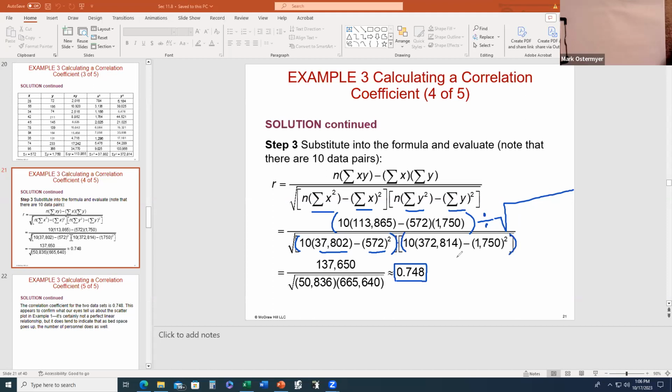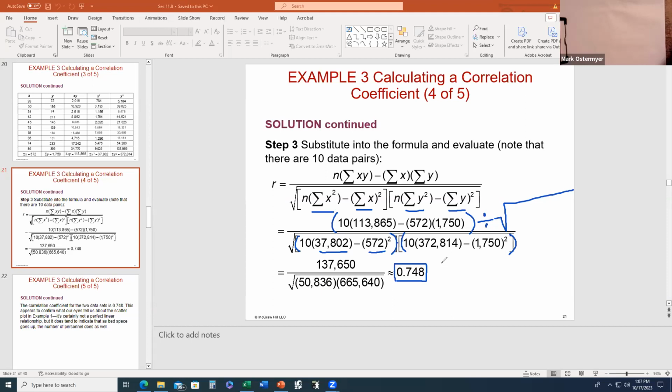So I'm going to give you a minute or so. I'm going to get on your calculator and see if you can dial this up. I have a TI 34, which is very similar to a TI 30, which is recommended by the department. But you don't really need a TI 30.